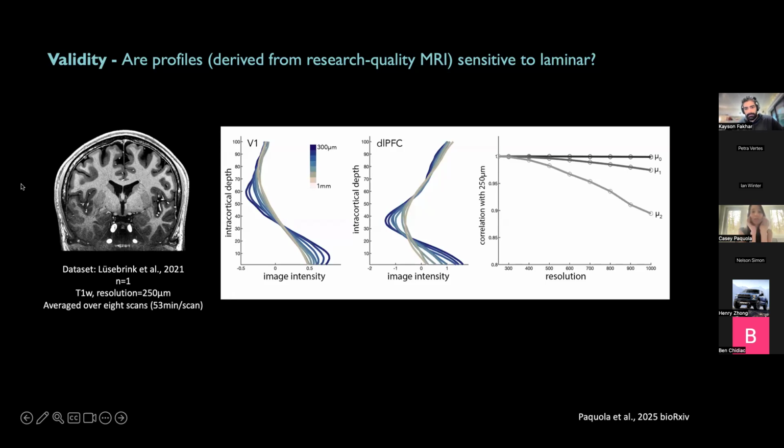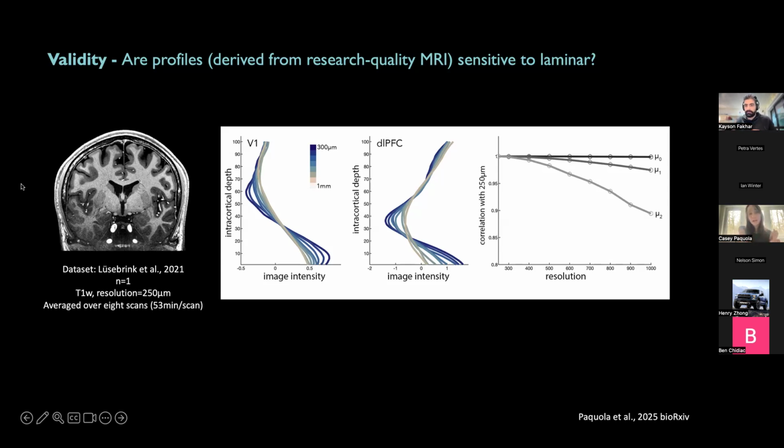And essentially, as you downsample the image all the way to like 1 millimeter, you still have some aspects of those bumps conserved within the shape of the profile. And if you look at the moments, so the 0th moment doesn't change at all. That's ambivalent to shape.